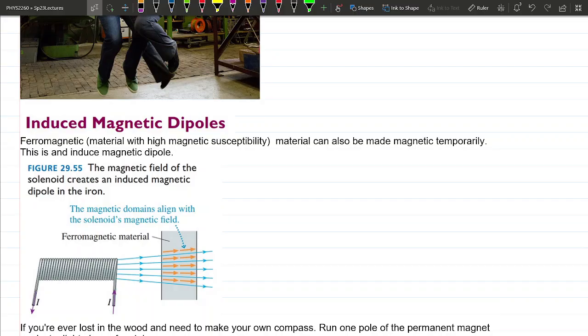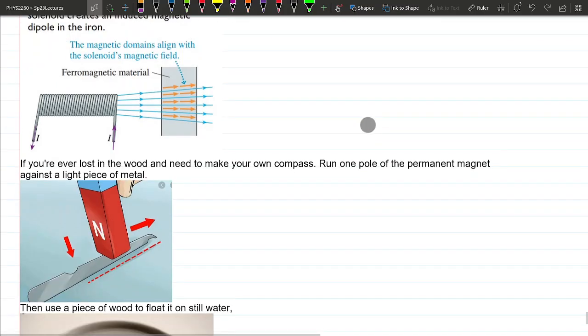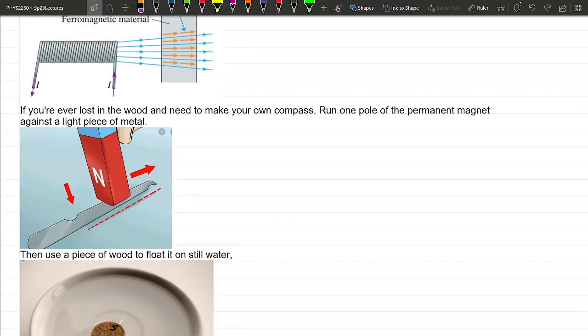After maybe 10 minutes of rubbing, it will be slightly magnetic. Because even though these iron atoms are locked in place, you can still wiggle them a little bit to make them align with the magnetic field. So you can create magnets out of ferromagnetic material by rubbing a magnet on top of it. And you want to make sure you're rubbing at one of the poles, because if you rub with both, you're just randomizing things.